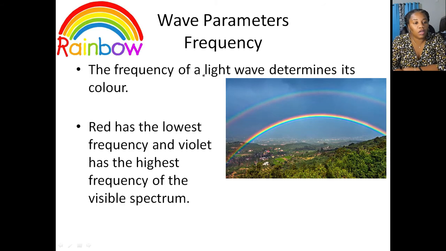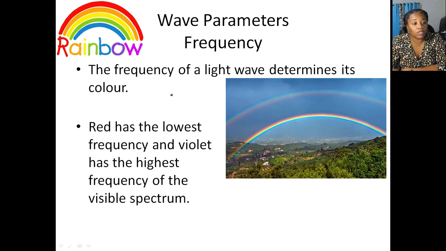Now the frequency of a light wave determines its color. Right? Amplitude determines the intensity of the light, and amplitude also determines the intensity of sound. So amplitude deals with intensity, and frequency on the other hand deals with the color of light produced at the same time.